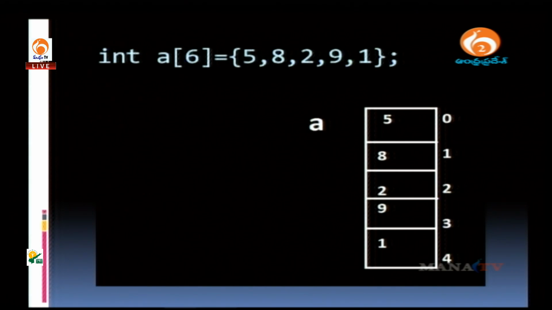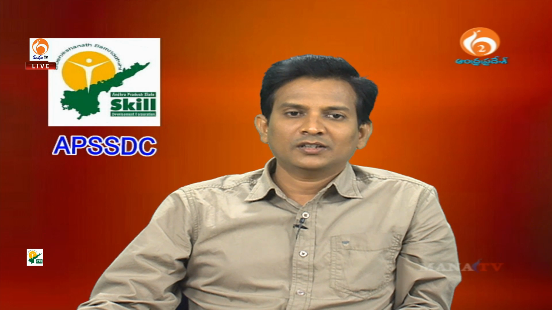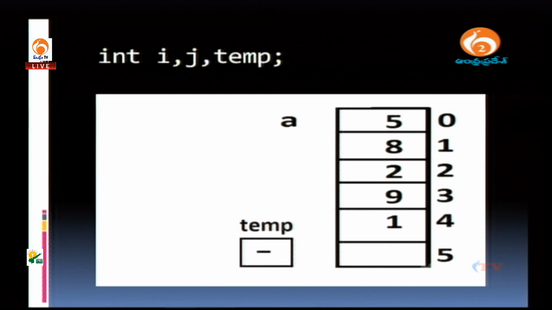I think you understood the first statement. Next is the statement int i, j, temp.